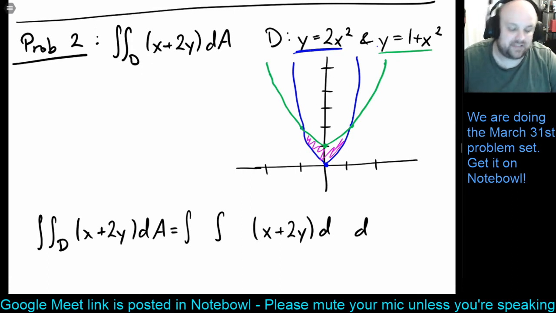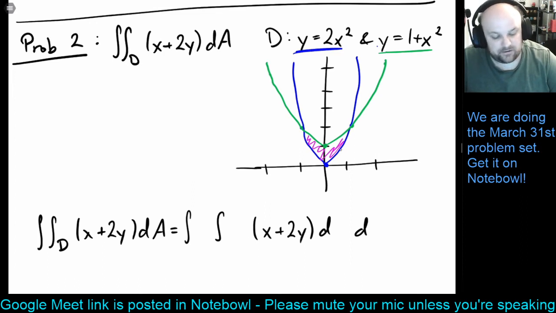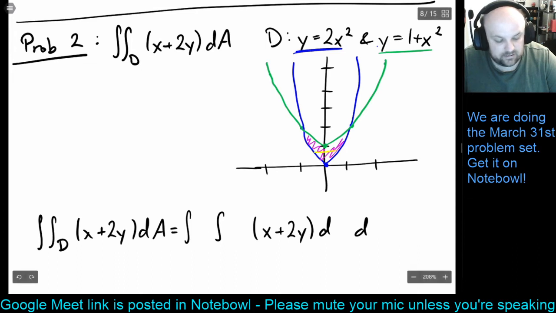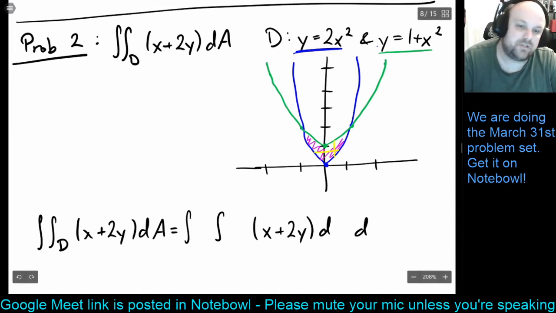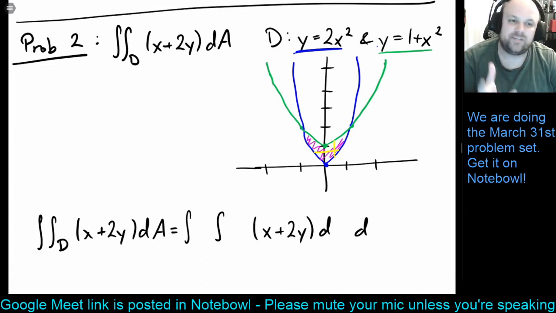The way to answer that is to look at your shape here and decide, would it be easier to look at this region left to right or top to bottom? I mean, we can always do either one, but we want to pick the one that has the easiest description.